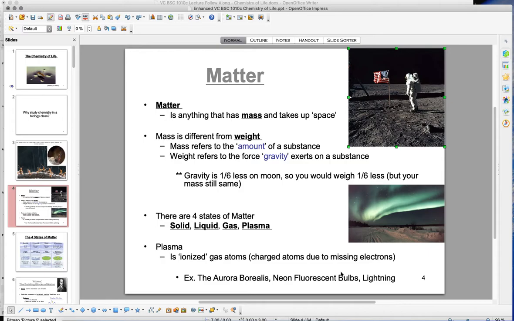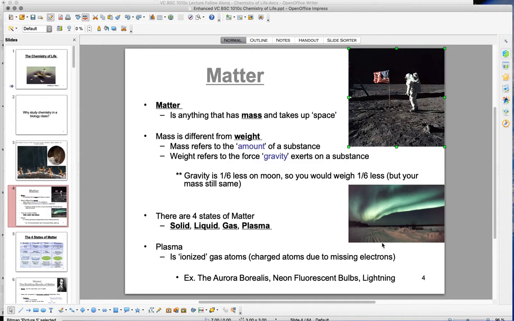When you take off or add an electron, it produces a charge difference because you have a different number of negatively charged versus positively charged particles. So those are what ions are, and that's what an ionized gas is. We're going to get into that in a little bit.